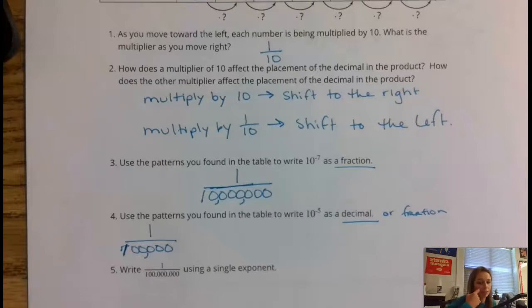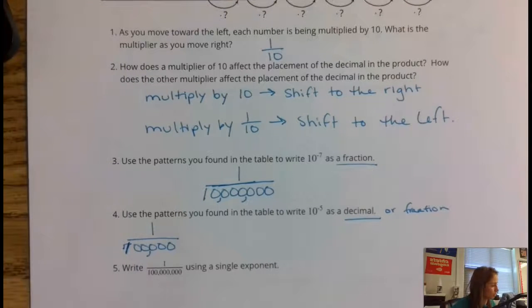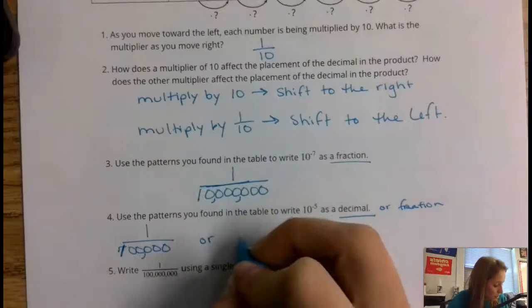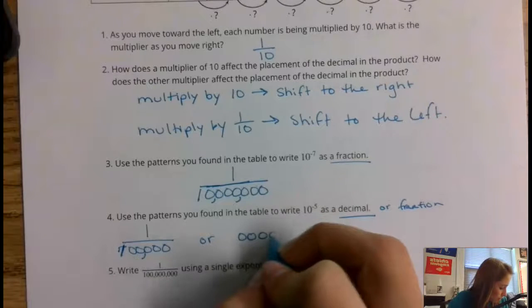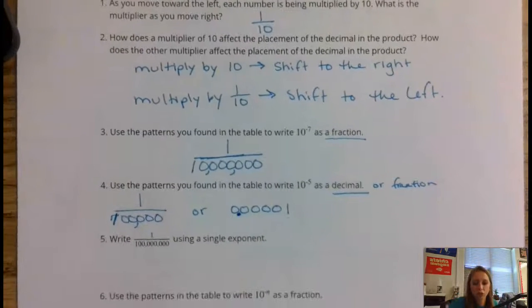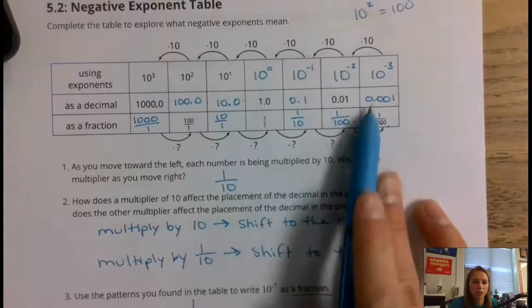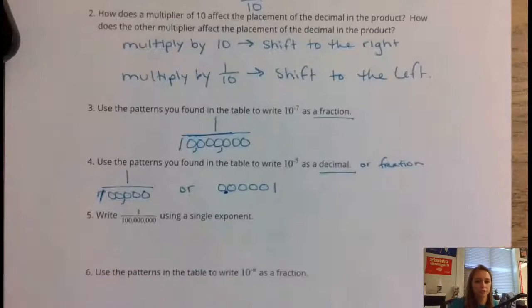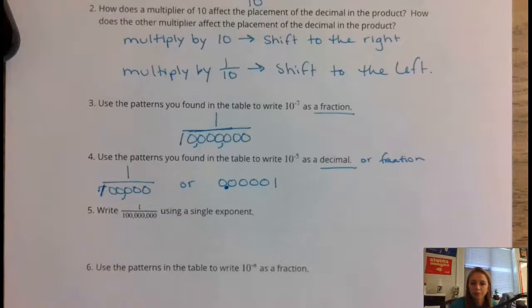Now if we want to write that as a decimal, we write out 5 zeros, 1, 2, 3, 4, 5, and put our decimal right in between those first two, because up here, our decimal is always in between the first two zeros. Okay? So there we go.